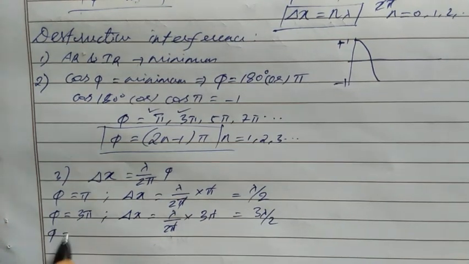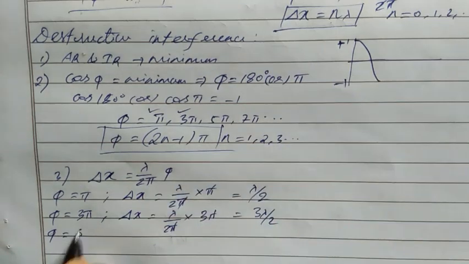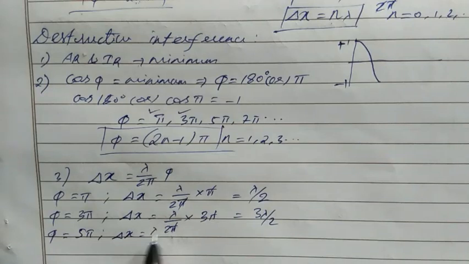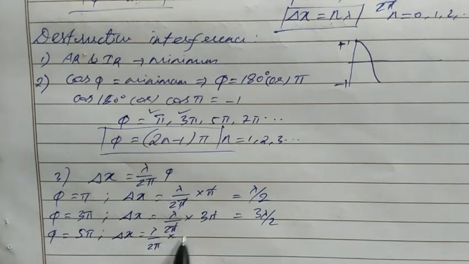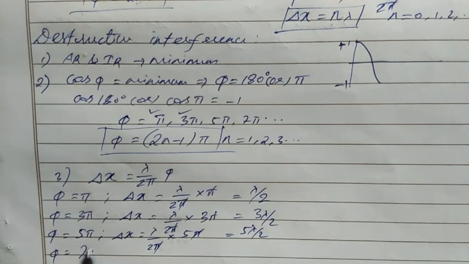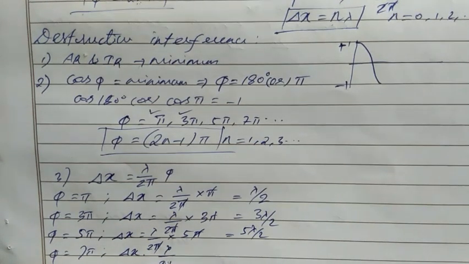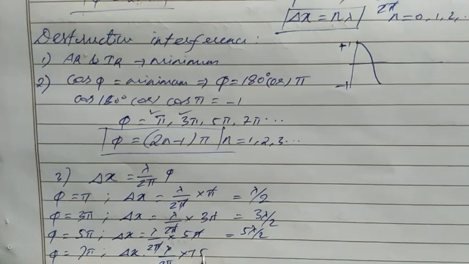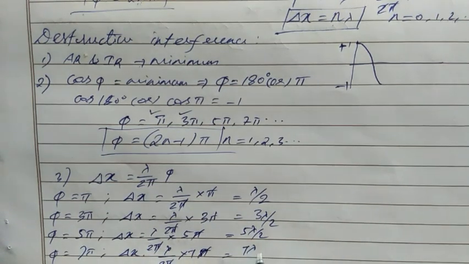Then if we take phi equal to 5 pi, we will get del x equal to lambda by 2 pi into 5 pi. Pi get cancelled. We will have 5 lambda by 2. If I take phi equal to 7 pi, it will become lambda by 2 pi into 7 pi. Pi get cancelled, you will have 7 lambda by 2.